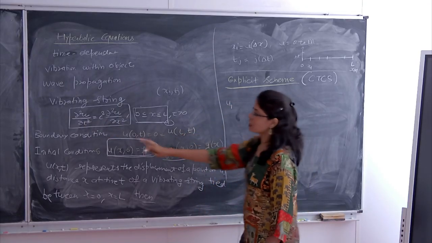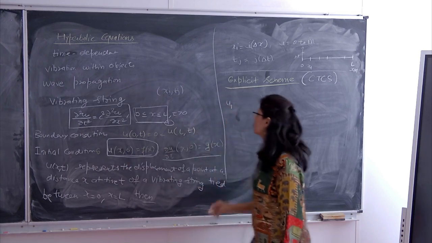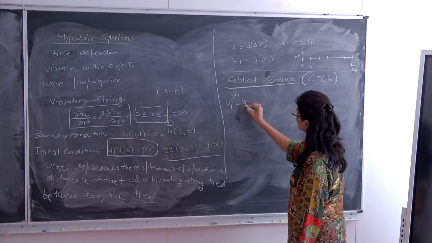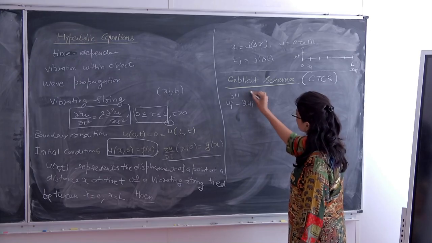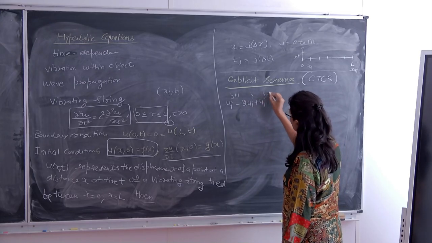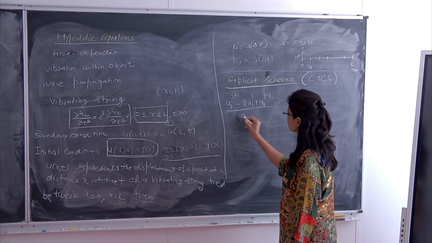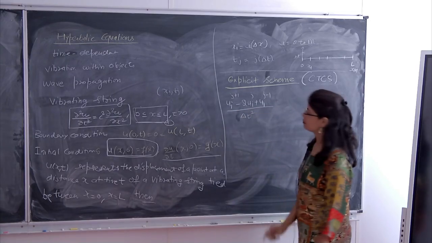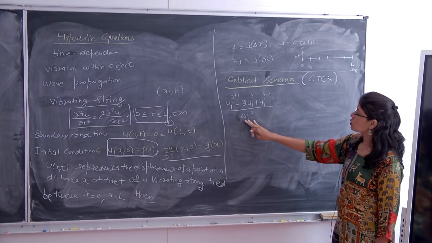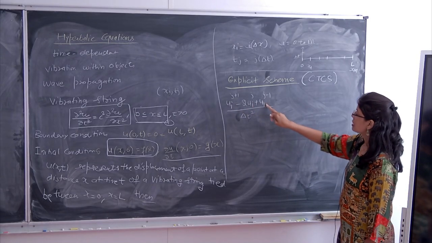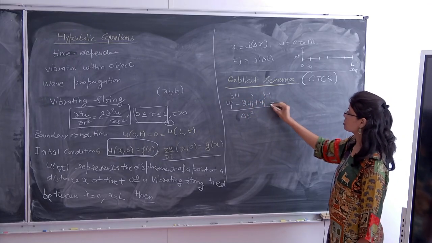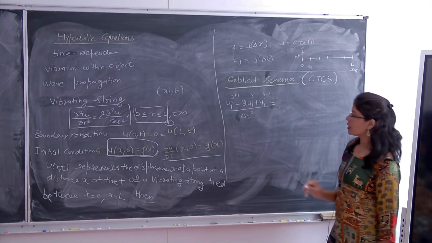Because this is the derivative with respect to t, what can I write from here? u i, j plus 1 minus 2 u i j plus u i, j minus 1 by delta t square. Because this is the derivative with respect to t, I am making a change only in the time coordinate. So that is equal to u xx.